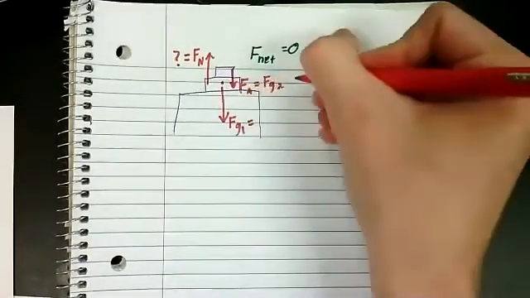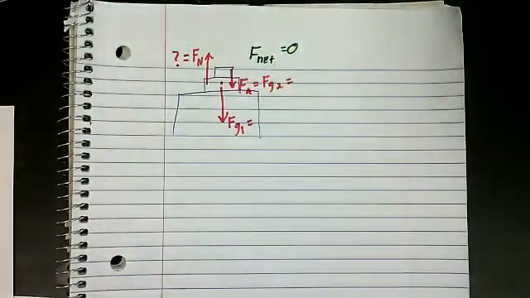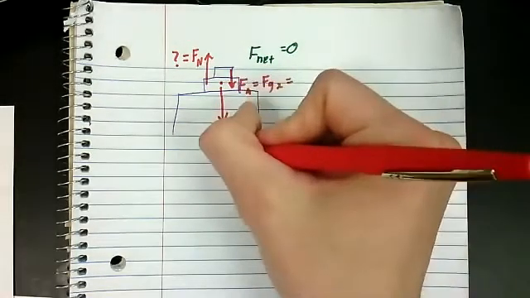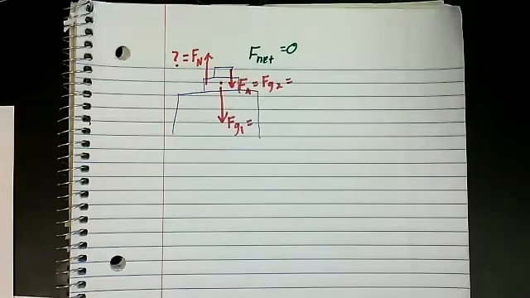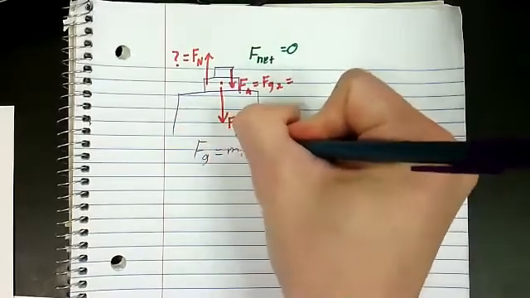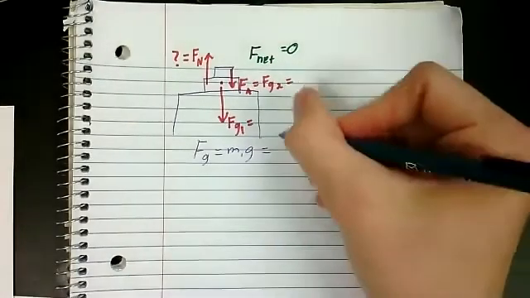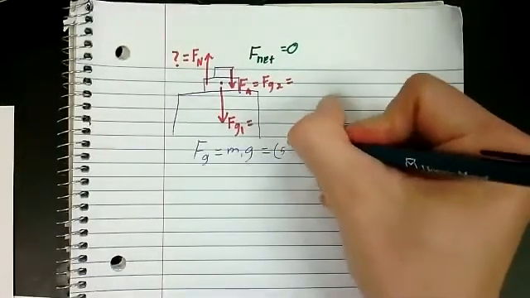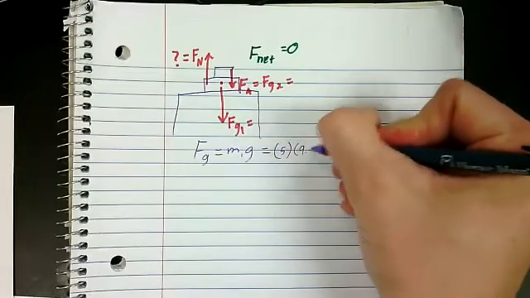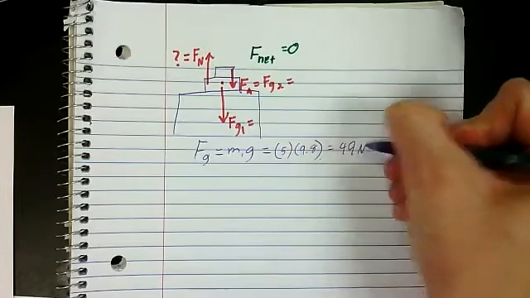Okay, and then it says to solve for the force of gravity. So I've got 2 gravity forces. I've got gravity acting on book 1 and the applied force because of the gravity acting from book 2. So the way I find that is by doing Fg equals mg. The first one would be the mass of object 1, which is 5, times the acceleration due to gravity, which is 9.8, gives me 49 for the first one.